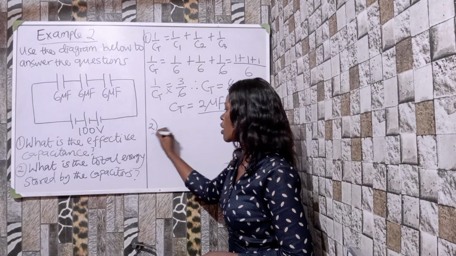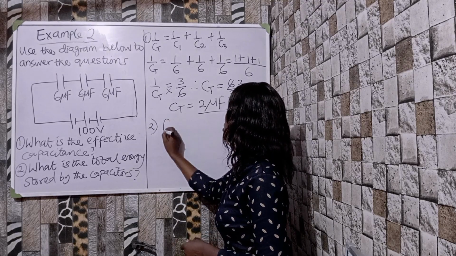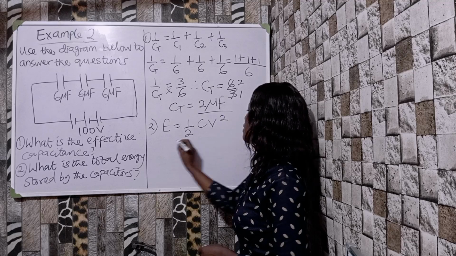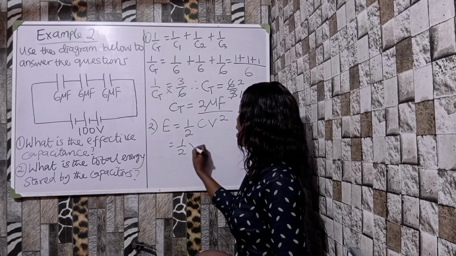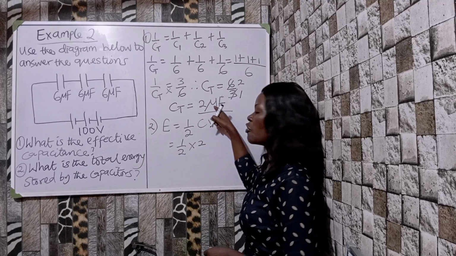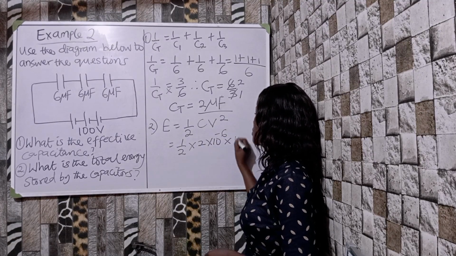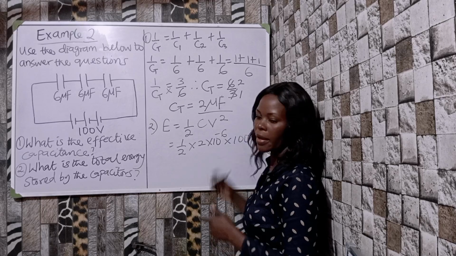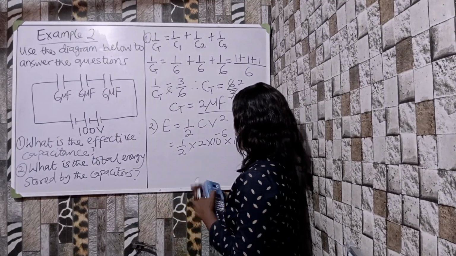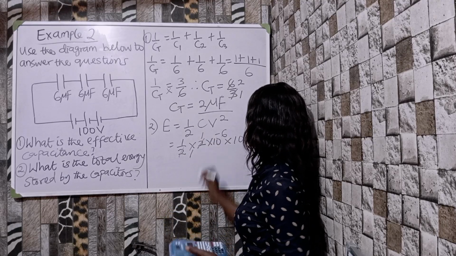The next one we're going to do is to solve for the energy stored. The formula for the energy is half CV squared. So I have half times my C, which is 2. Remember, you remove the micro, so half times 2 times 10 raised to the power minus 6 times 100 squared. With the help of the calculator, the half and the 2 cancel each other.